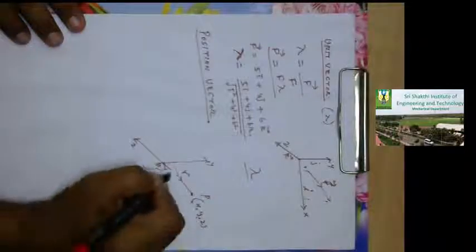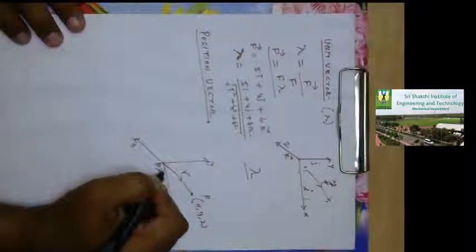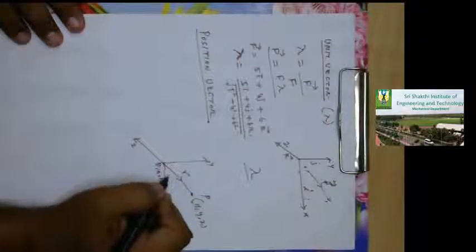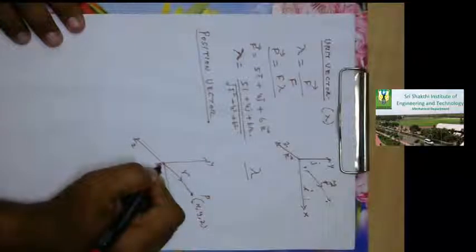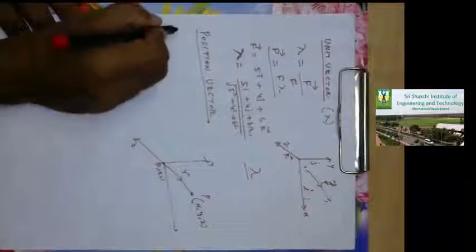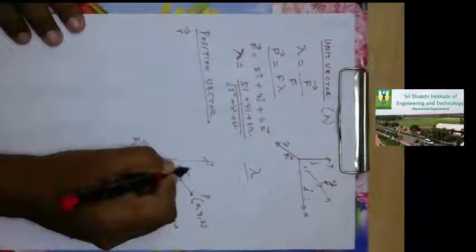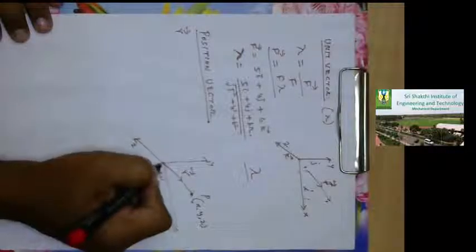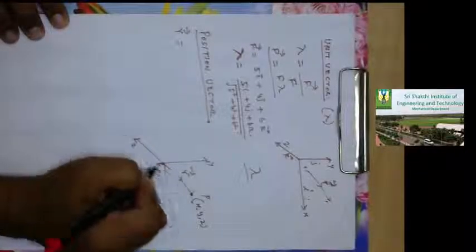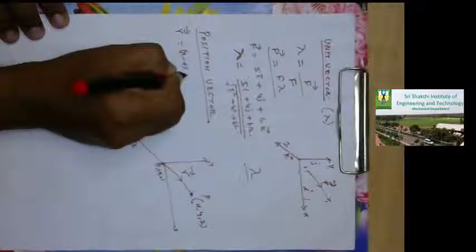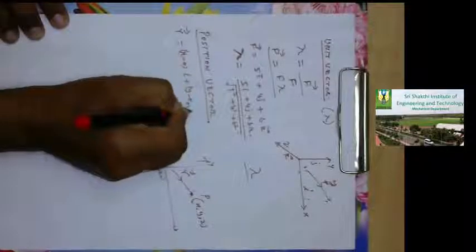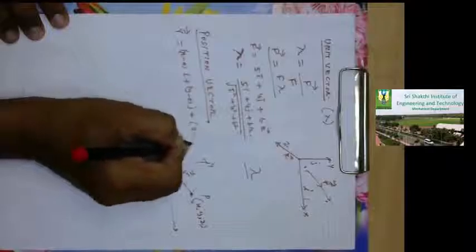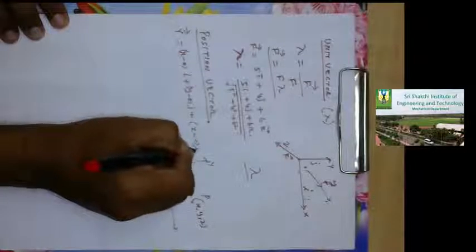So this position vector, this distance relative to O, is given by this r vector, from this point up to this point, its distance from the origin. This vector will be given by x minus 0 i plus y minus 0 j plus z minus 0 k.